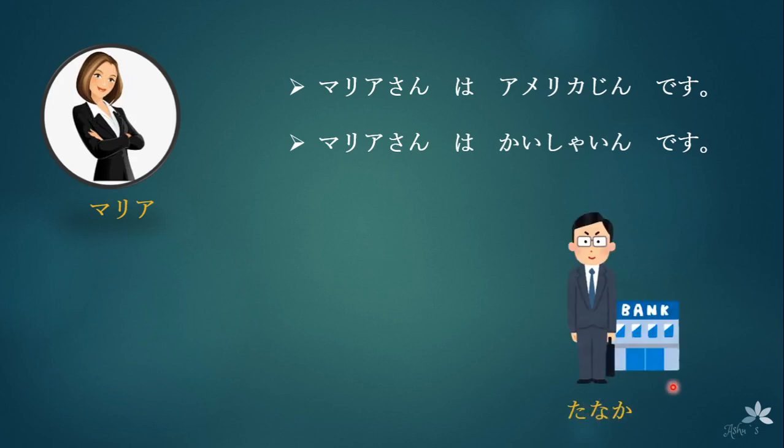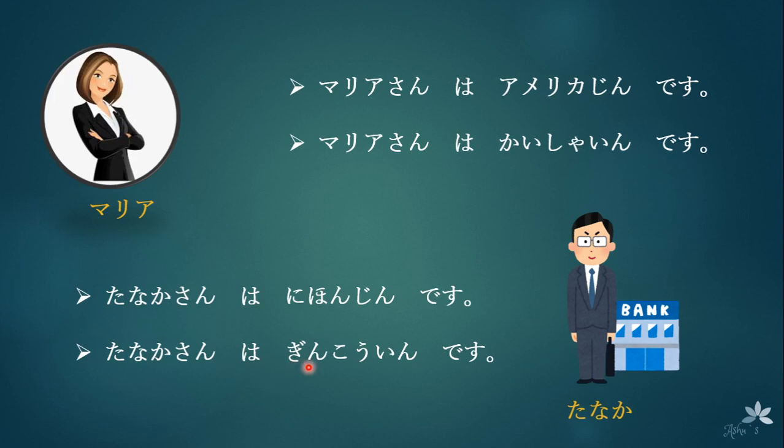Now this person is Tanaka from Japan and he is a bank employee. Now let's make a few sentences about Mr. Tanaka. Tanaka-san wa Nihonjin desu. Mr. Tanaka is Japanese.